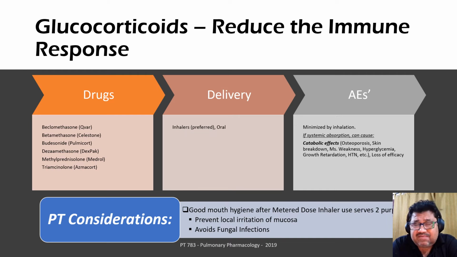The fact that we deliver it mostly by the inhaled route prevents some of those complications or adverse effects from occurring. However, if the drug does get absorbed systemically, it can lead to all the known, unpleasant side effects of glucocorticoids, as is listed.